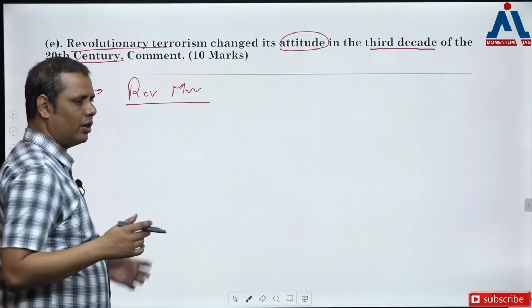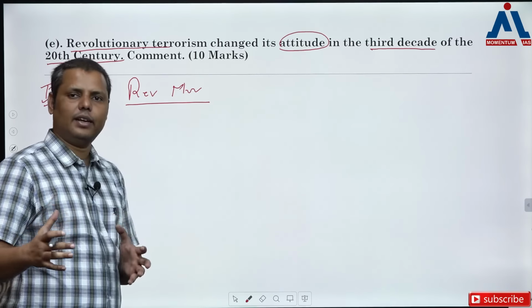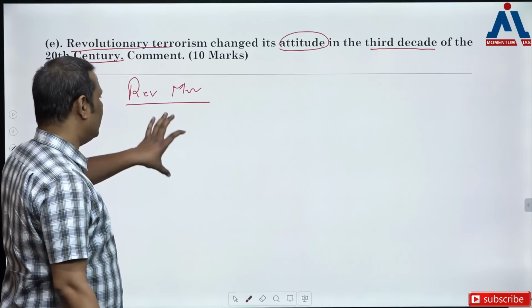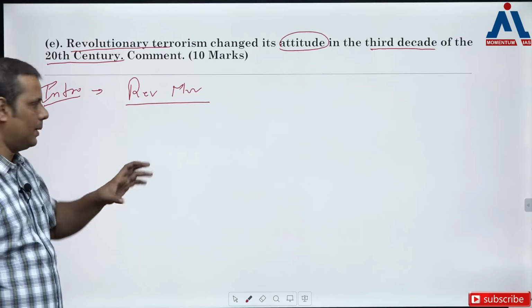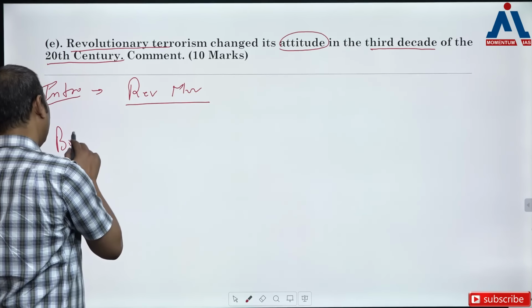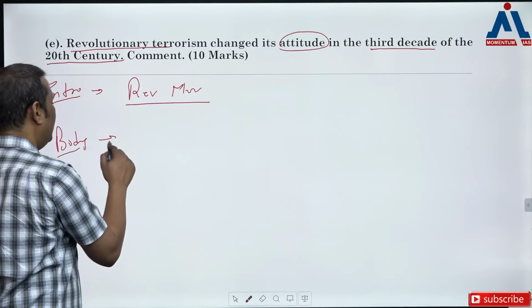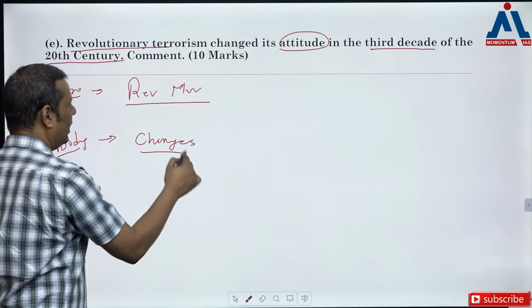This or so and so period is the first phase, and then so and so is the second phase of this revolutionary movement. So you just make it very clear that we can study the revolutionary movement in two distinct phases. Then in the body part, you'll have to simply write about some key ideas or the changes which could be noticed in the movement in the second half.